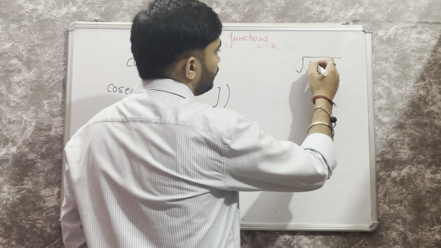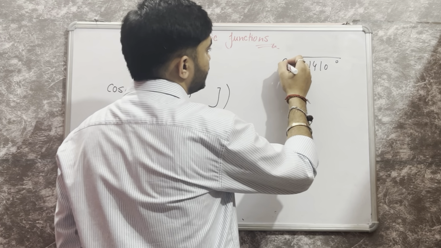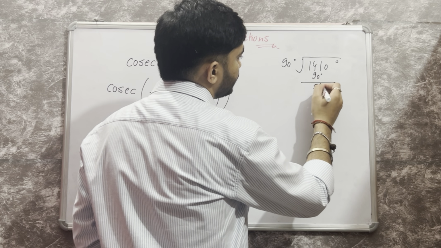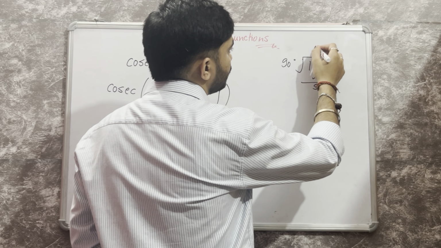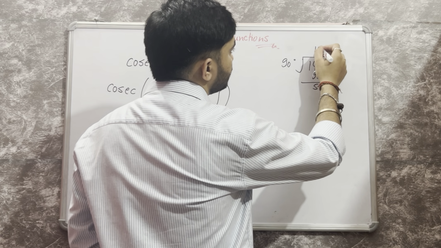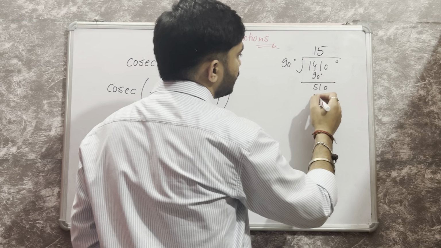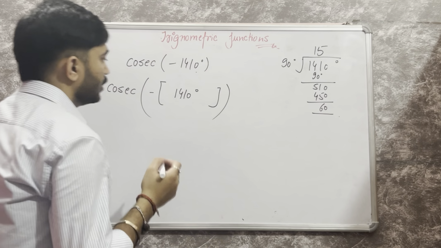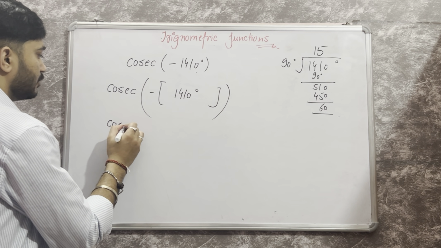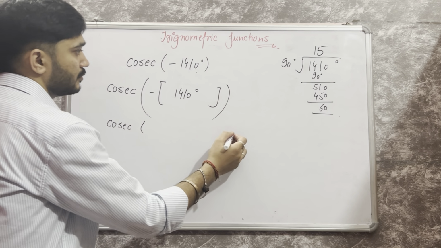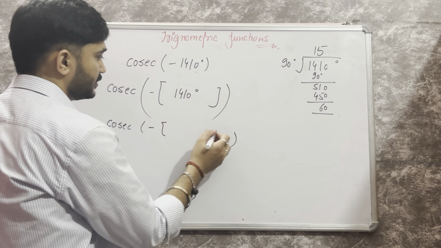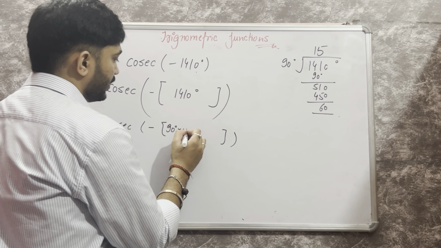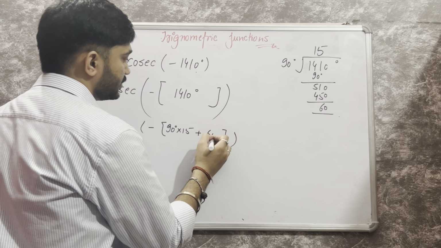Divide this 1410 degree by 90. 90 into 15 is 1350, and the remainder will be 60. So how are we going to represent it? Cosec minus, as it is, 90 into 15 plus 60 degree.